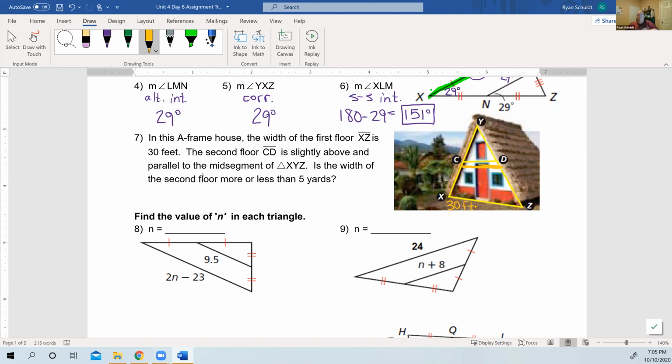So it says, is the width of the second floor more or less than 5 yards? Whoa, time out. They gave me feet over here, but yards here. Well, we're going to need to convert our feet into yards. Remember, 1 yard is equal to 3 feet.